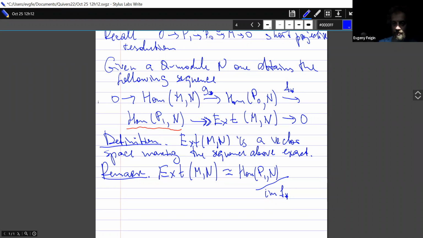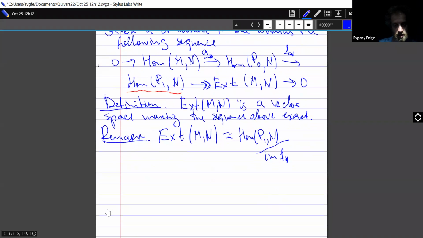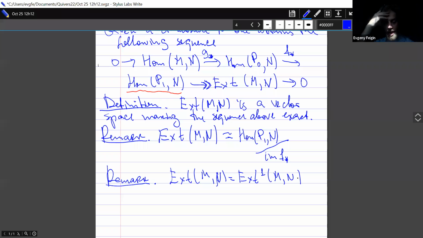Another remark is just a notation. Ext(M, N) is sometimes denoted by Ext^1(M, N). In principle, for some other objects there might be higher Ext spaces, but we don't need this here.